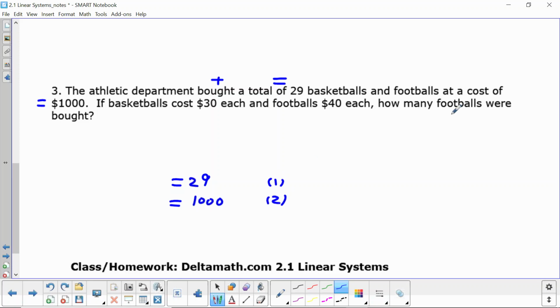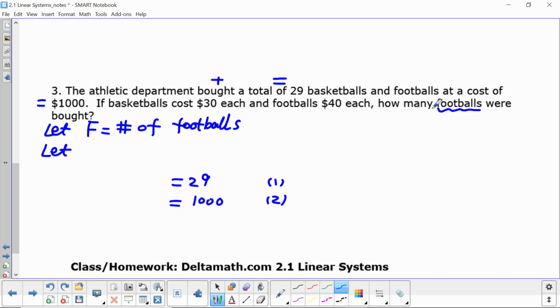And the question asks you how many footballs were bought. So we let f equal the number of footballs. We need two equations for a linear system.